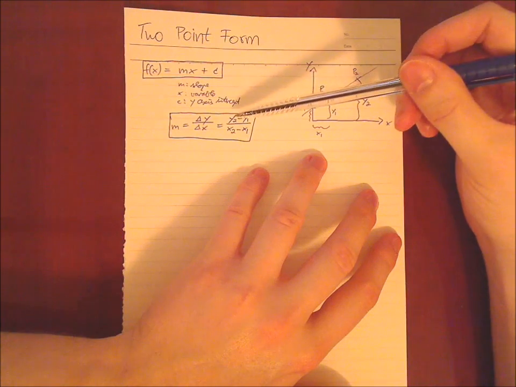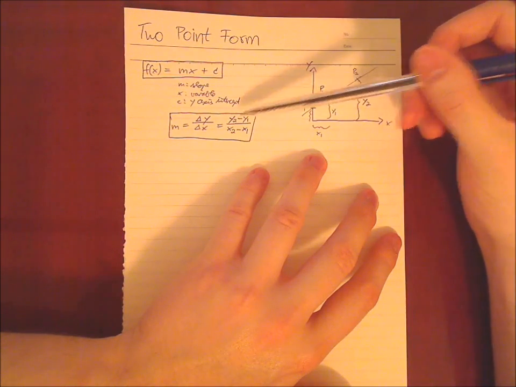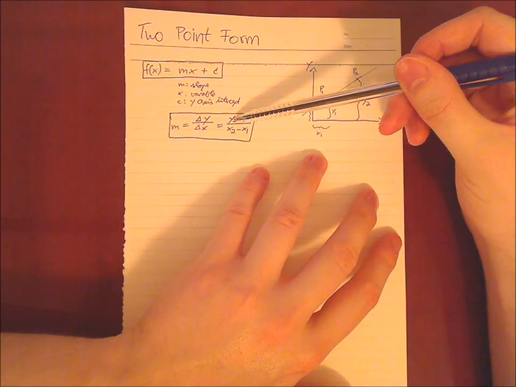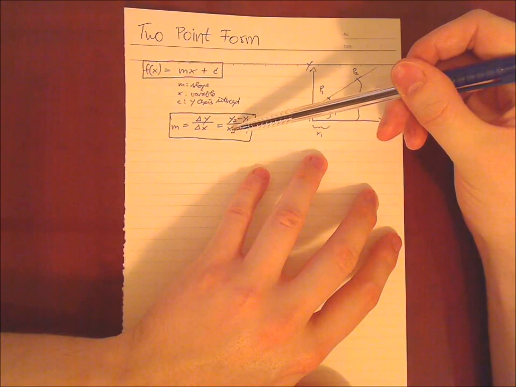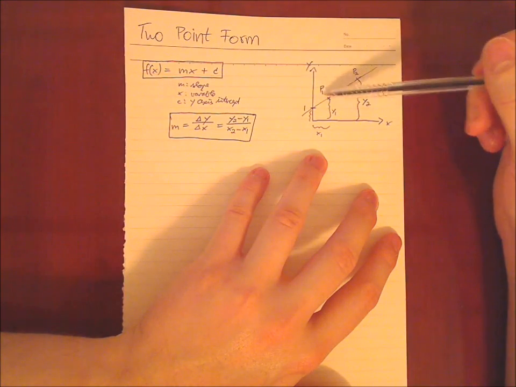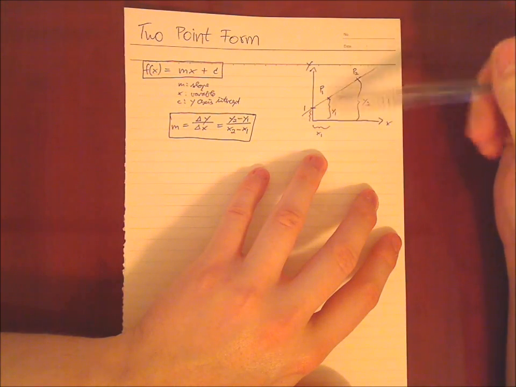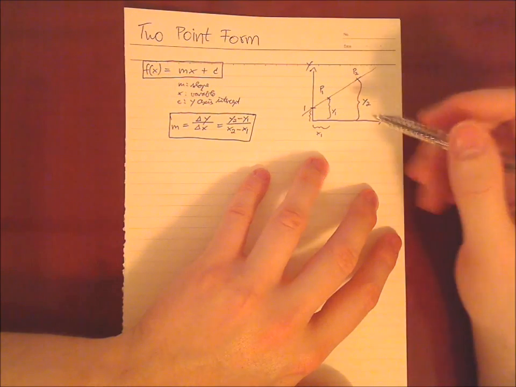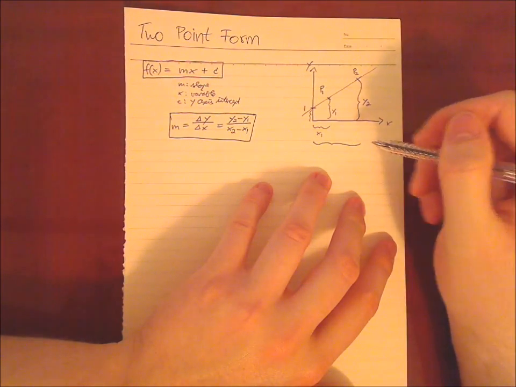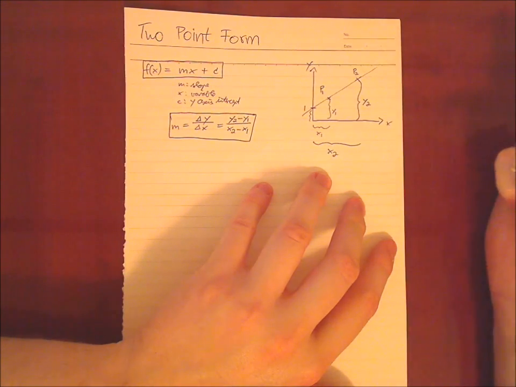It doesn't really matter later which point is which, but if one point has y2, then the same point also has x2 as its coordinate. So for p1 we have y1 and x1. It shouldn't be mixed across. So this is then x2.